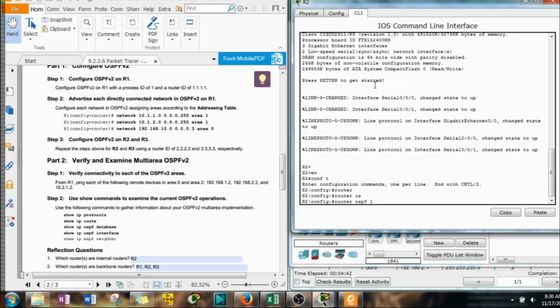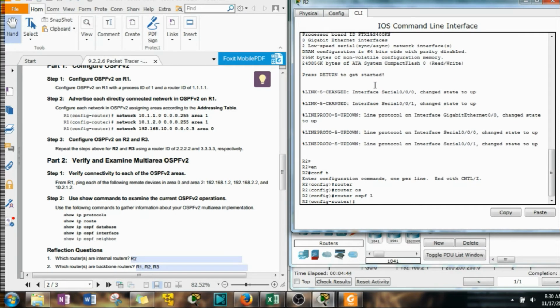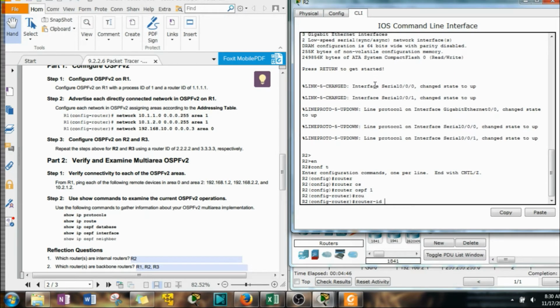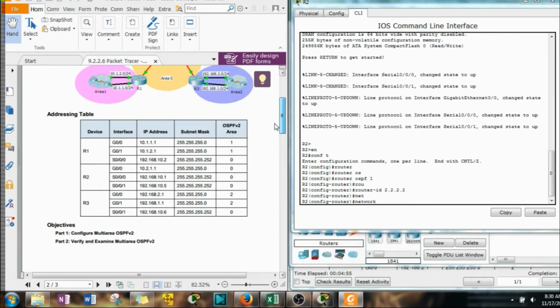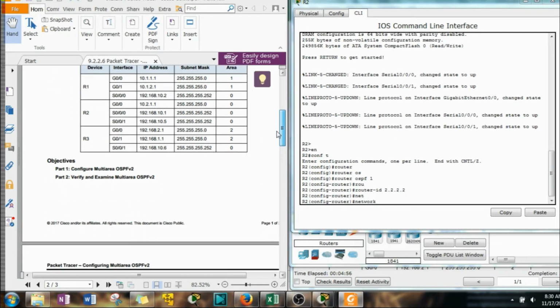Router OSPF 1 for the process ID. Router ID is going to be all 2s as per our command right here. Network. Now let's go up to our addressing table. Our addressing table says that for the network 10.2.1.0, that will be the network ID.